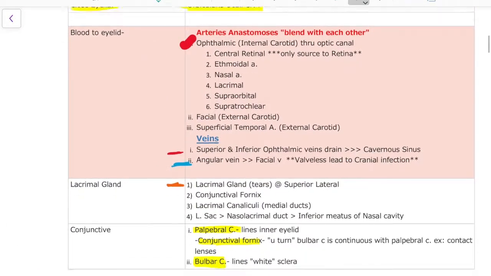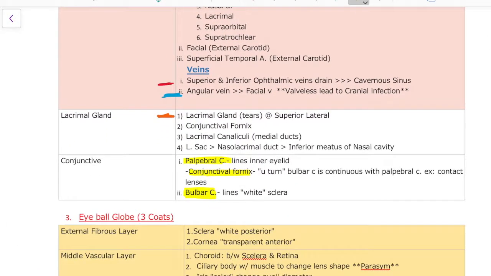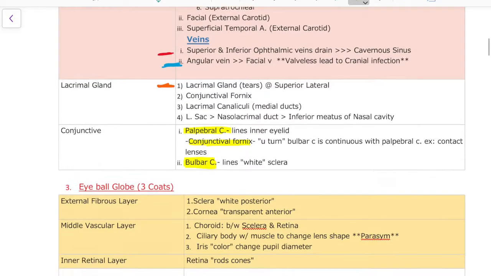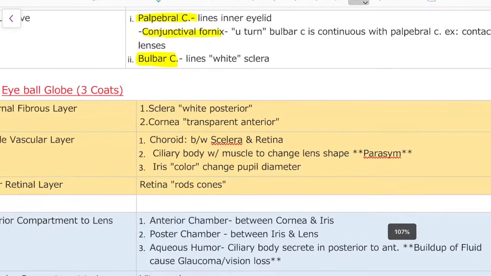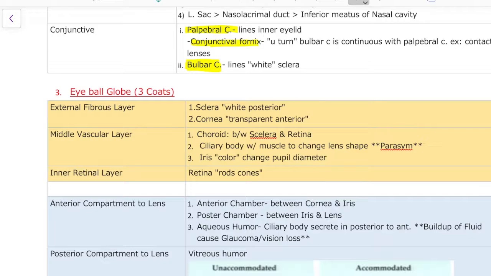So let's carry on, and then I'll draw a quick image to show all of this. We have the eyeball, which comprises three coats: the external, the middle, and the internal inner. The external is fibrous, made up of the sclera and the cornea. Sclera is the white, and the cornea is a transparent section.